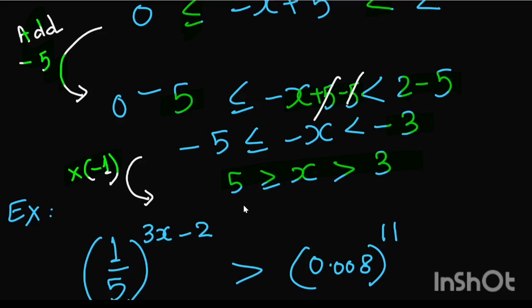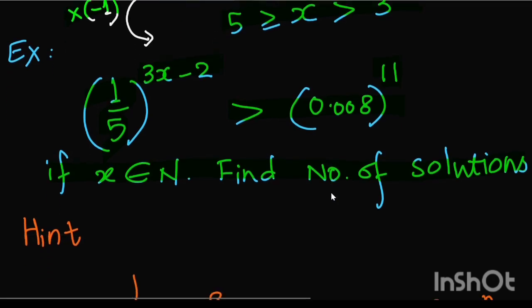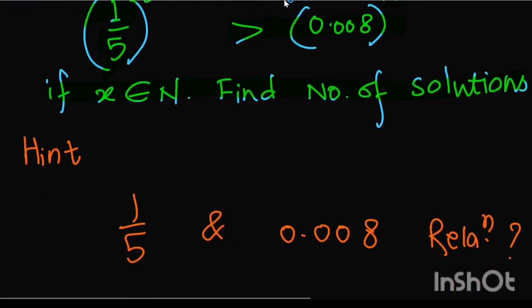Now in the next example the question is: (1 by 5) to the power 3x minus 2 is greater than 0.008 to the power 11. If x is natural, find the number of solutions. So we have to find the number of natural number solutions which satisfy this inequality, guys. Clearly the base is 1 by 5, so the hint is to find a relation between 1 by 5 and 0.008.